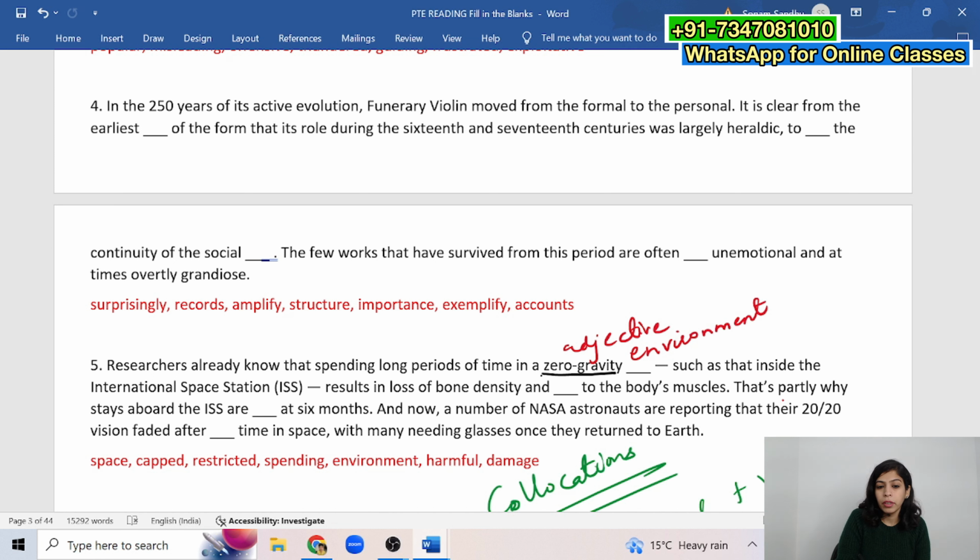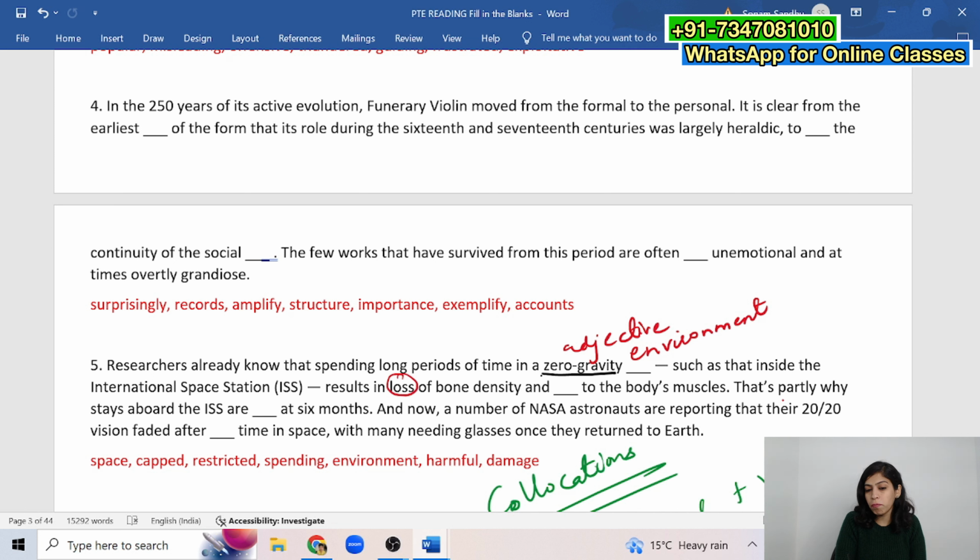Okay, results in loss of bone density and dash to body's muscle. So what happens? It results in loss of bone density and dash to body's muscles. Loss happens to bone density and what happens to body muscle? Results in loss and damage to body muscles. Okay. We need something here now. Loss. We have loss here.